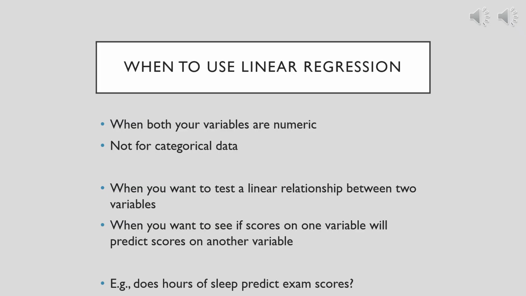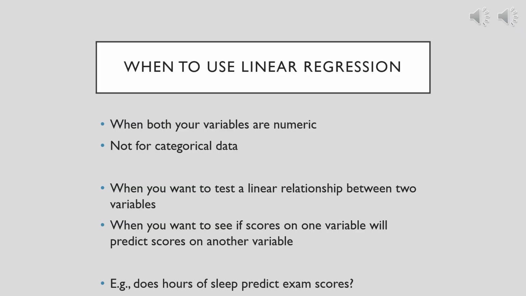You've probably also heard of something like using years of education to predict the amount of money that you would make later in your career. So higher amounts of education we might predict would also be associated with, or predict, higher earnings, right? That makes sense. So you've probably heard of that kind of stuff. We use linear regression all the time in psychology. So it is definitely something worth your time.